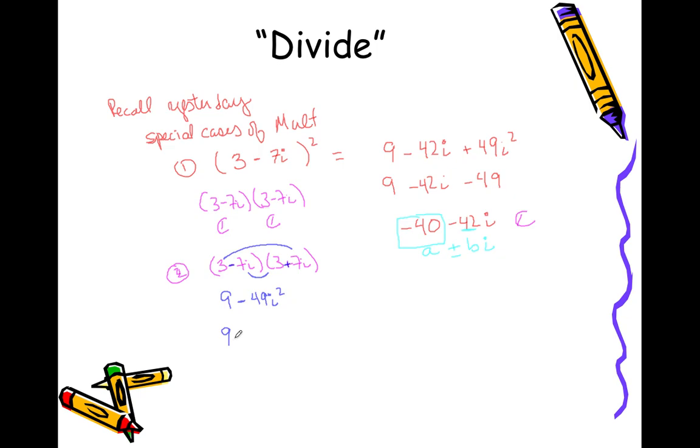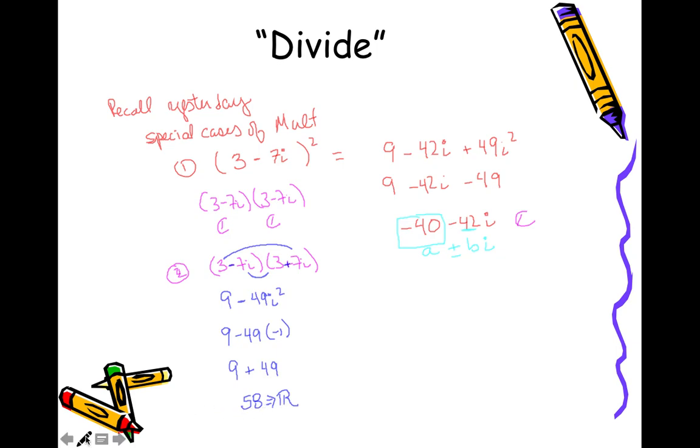But that's 9 minus 49 times negative 1, which is 9 plus 49, which is 58, which is in the real numbers. So multiplying two special complex numbers gives you a real number. This is so special it has a name.